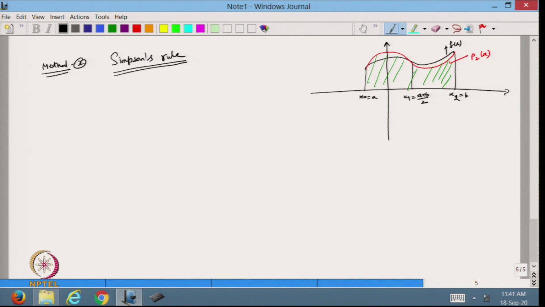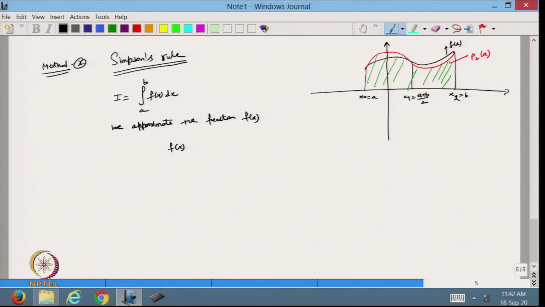So, in this case we start with a function, and this is the integration I want to find out. Now, we approximate the function f(x).